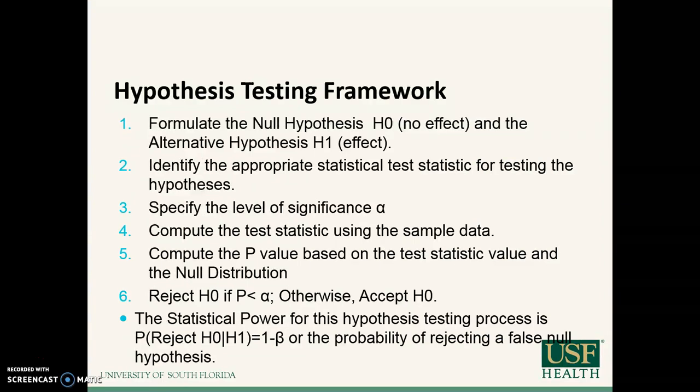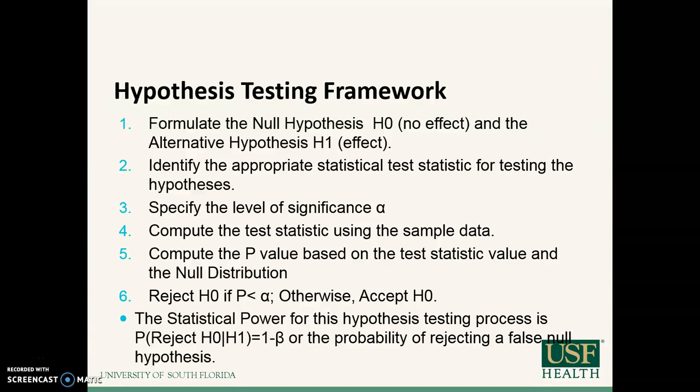So let's talk in general about the hypothesis testing framework. Step one, formulate the null hypothesis H0, which is usually no effect, and the alternative hypothesis H1, which usually says there is an effect.